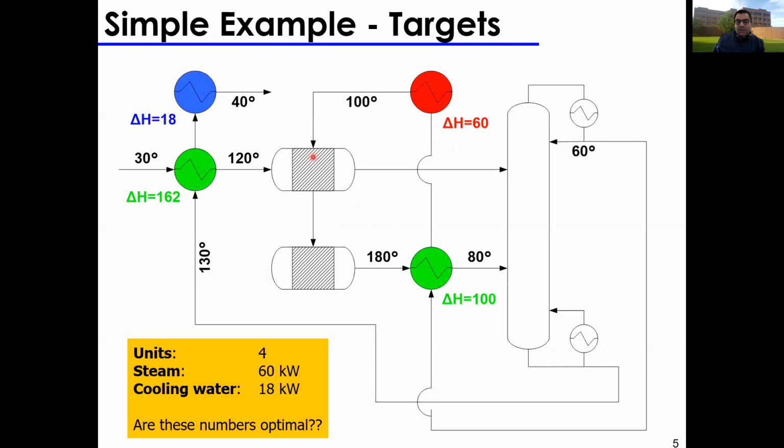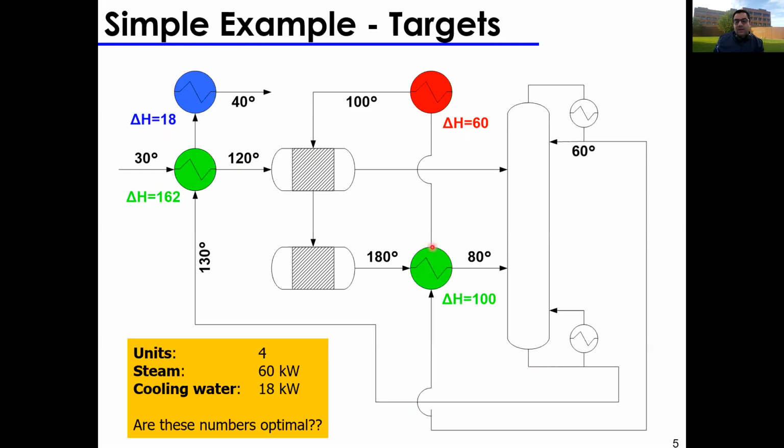if you try to connect them haphazardly, logically, you would connect the hot streams to the cold stream, try to integrate this energy, and then make the balance using the utilities. So in this case, I'm using this hot stream being cooled to 40, and I just use the energy to completely heat up this cold stream, and whatever energy needs to be removed, I just add a cooler.